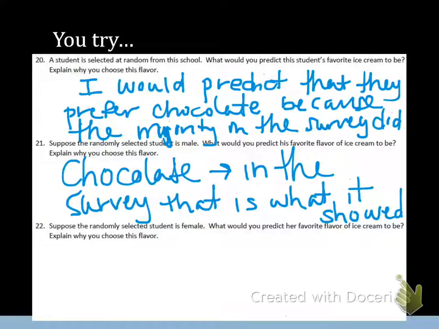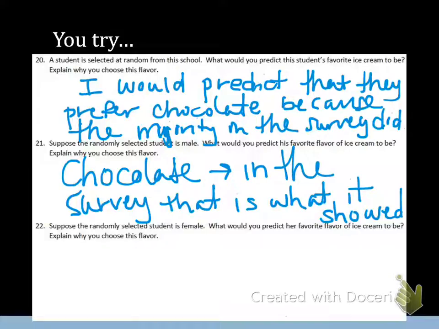Okay, and the last one here, number 22. Suppose the randomly selected student is female. What would you predict her favorite flavor of ice cream to be? Again, I'm going to go back to my chart and see that the females, it looks like 8 of them preferred chocolate, 15 strawberry, and 14 vanilla.